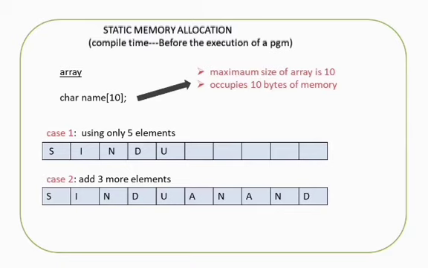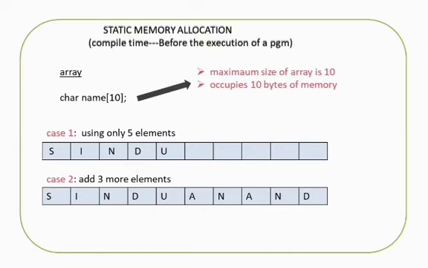So here there are two cases. Let us see. That is case 1. Here, if you are using only 5 elements, the remaining 5 elements' memory will be wasted. Okay, that is, memory allocated for elements will be wasted.